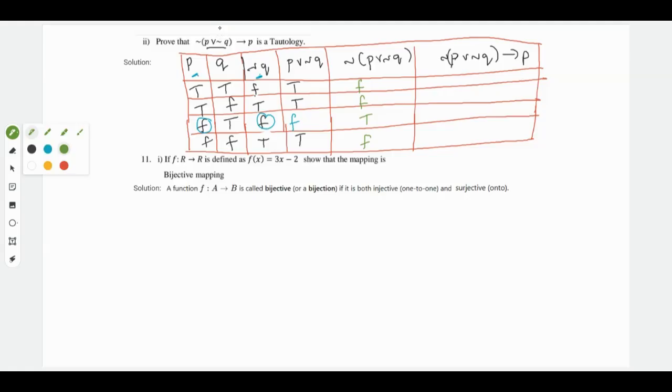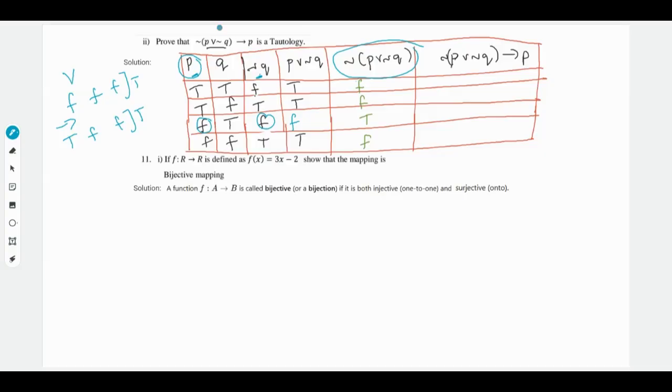Now we need to find the answer for this and P in reverse order, because negation P or negation Q is first, so we will check in reverse order. That is for implication. Implies means if it is T and F, it is F, otherwise all it is true.